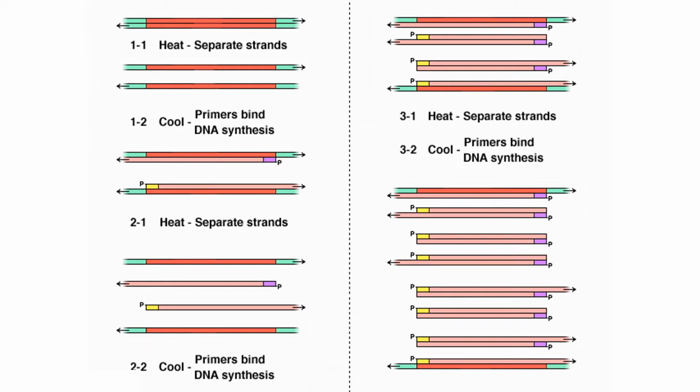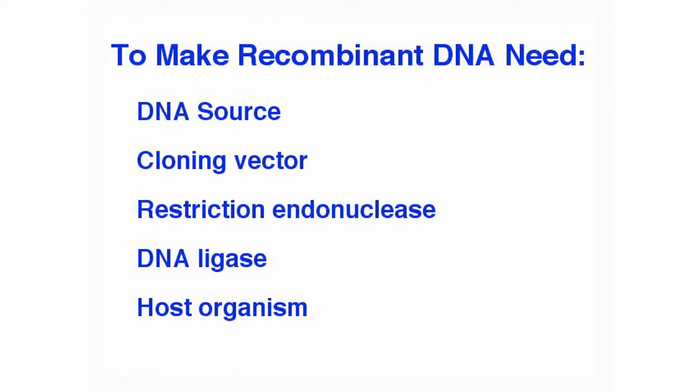So after 30 rounds, we've got about 30 round-on copies of millions of short DNA sequences of interest. And then that DNA can be sequenced and characterized by the other methods we have discussed.